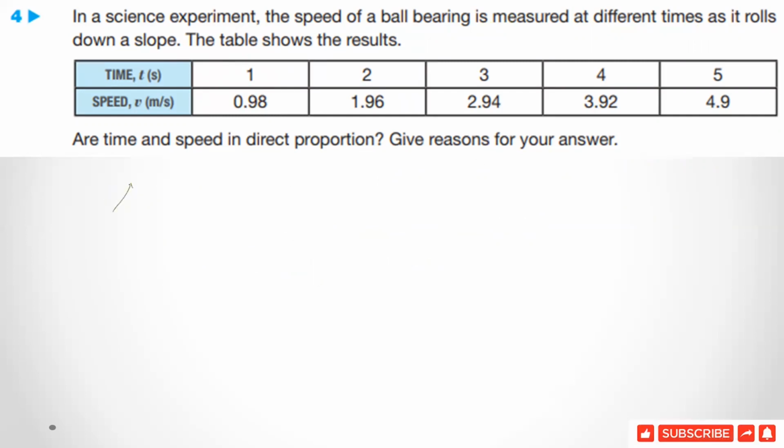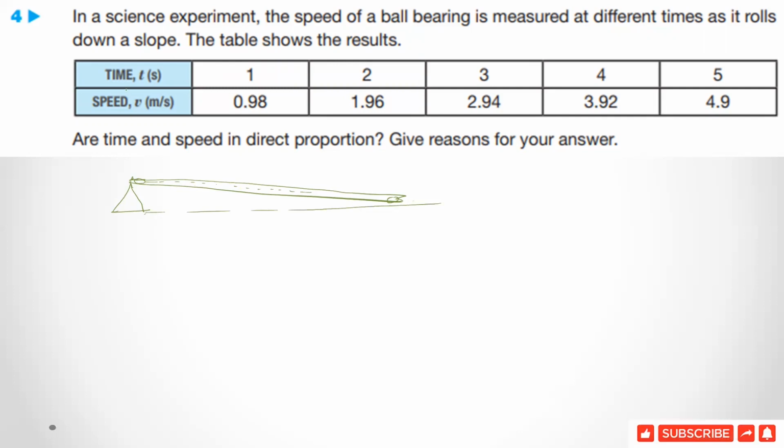There is an edge, and this is the slope, and the ball is rolling down. They start the ball from the top, and it reaches the bottom on the floor.